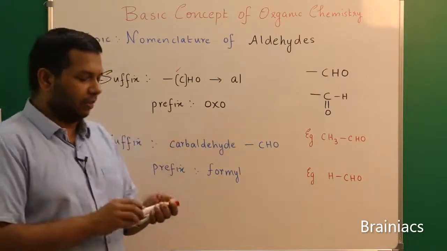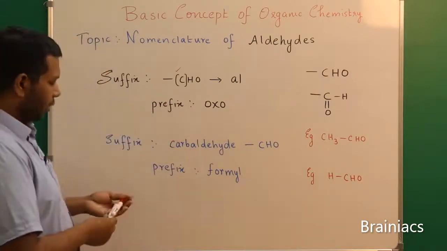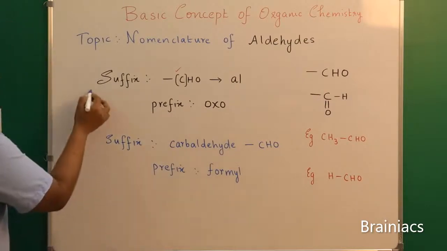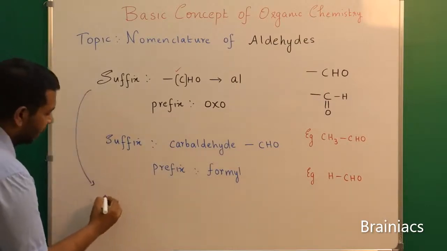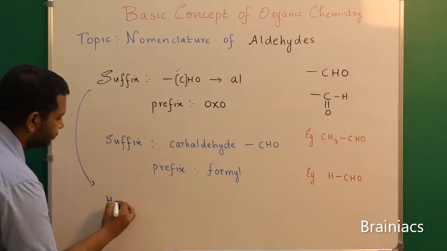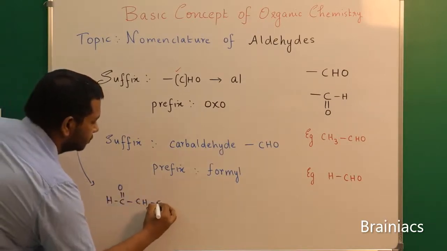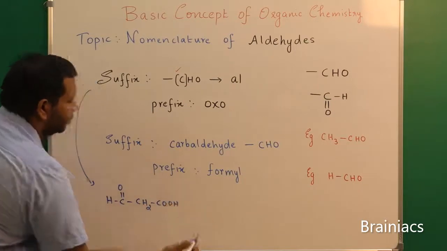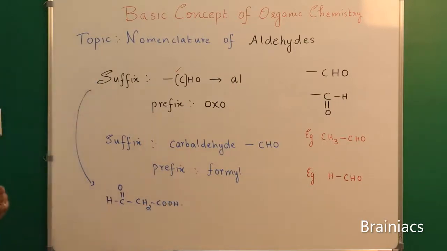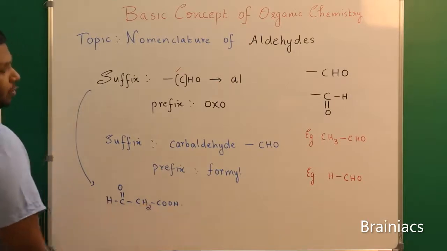I will give you an example, then you will get a clear understanding. Okay, look at this example. Can you name this compound? If you look at this typical example, you can see CHO is present, also carboxylic acid is present.